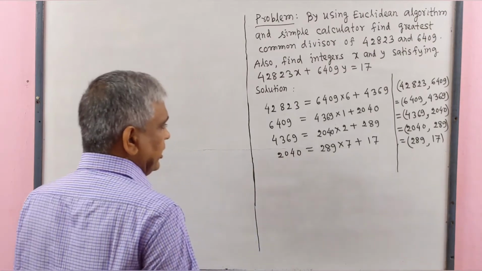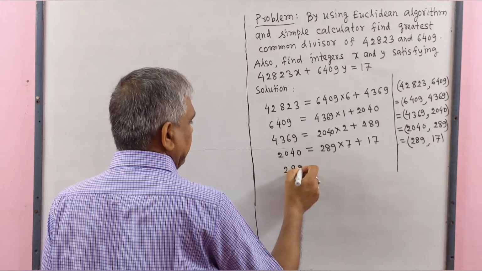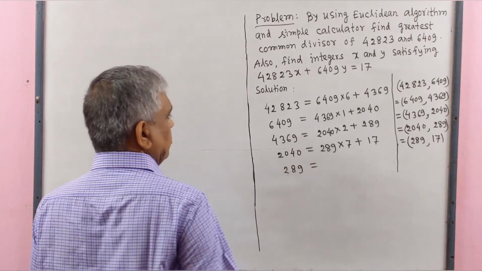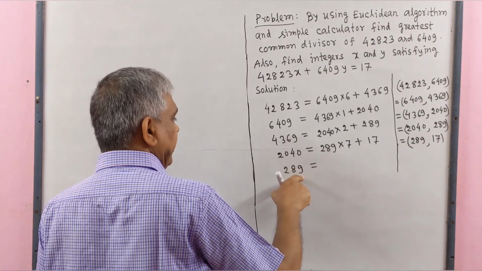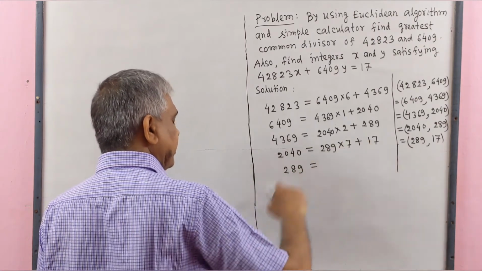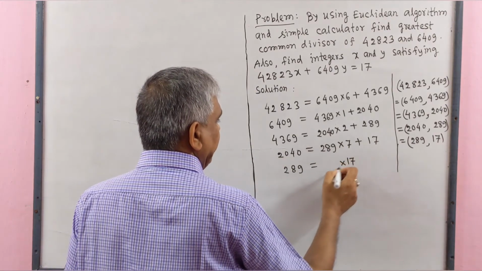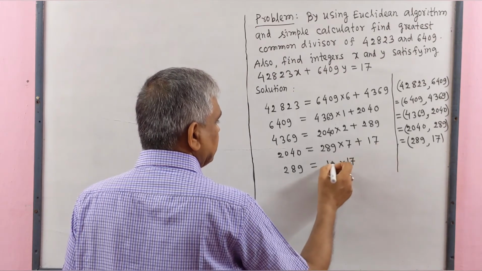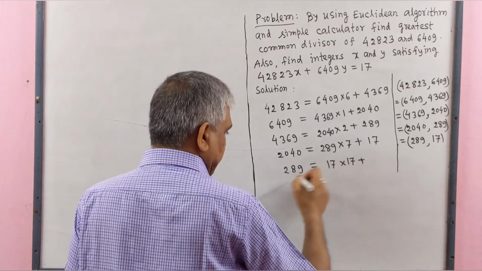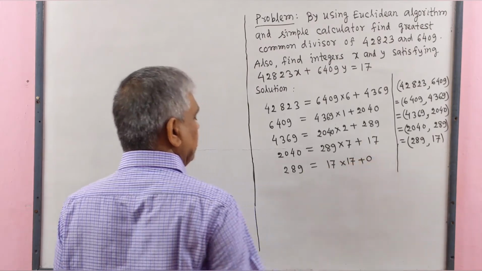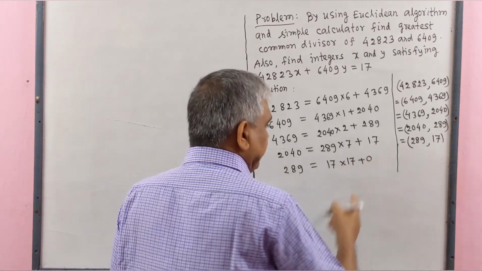Again, we repeat the division algorithm: 289 divided by 17, the quotient is 17 and the remainder is 0.